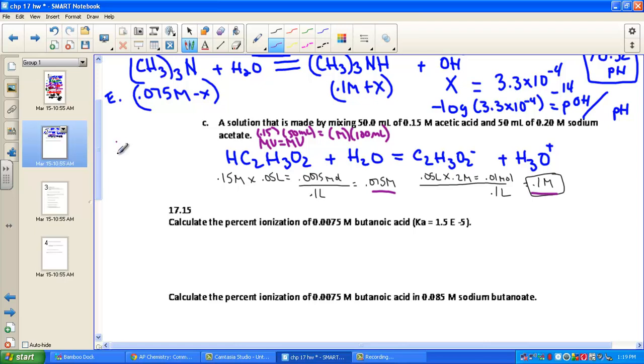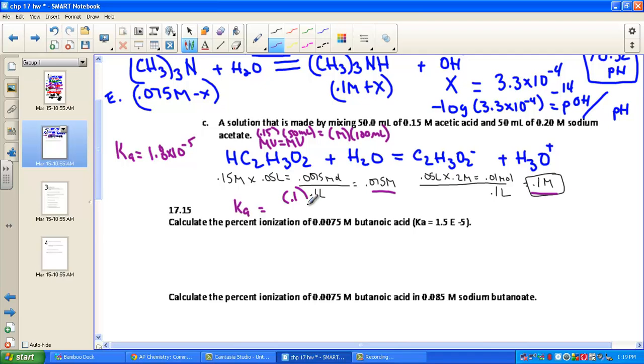The Ka of the weak acid, acetic acid, appendix A, 1.8 times 10 to the negative fifth. Ka will be equal to the concentration of the acetate, 0.1.